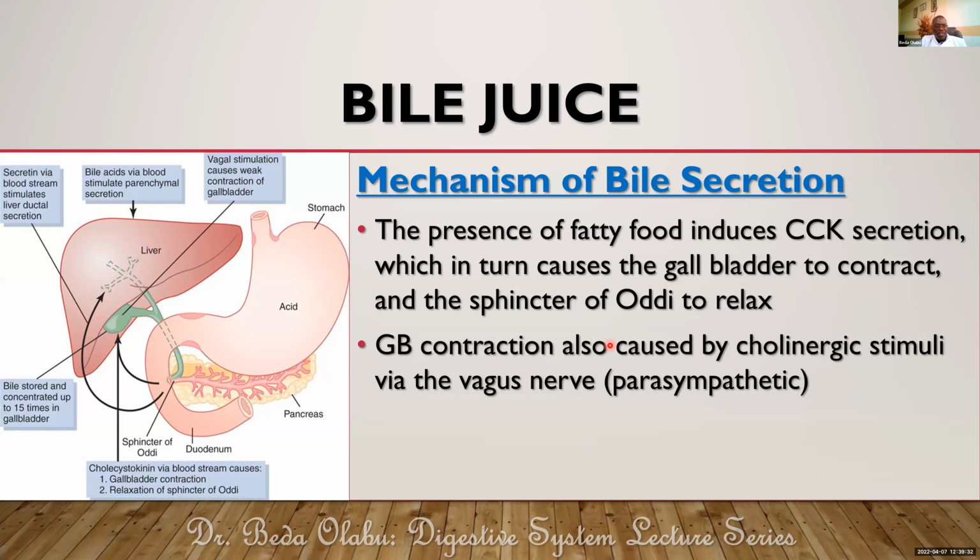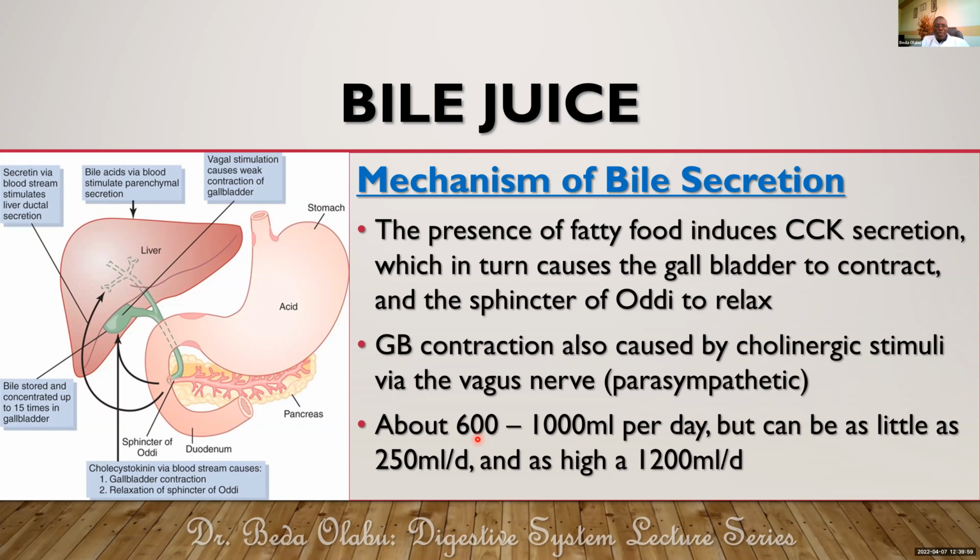Gallbladder contraction is also stimulated by cholinergic stimulation, which comes from either the vagus nerve, parasympathetic, or the enteric nervous system, the ones that release acetylcholine as a neurotransmitter. So it's a cholinergic response either from the vagus nerve directly or from the enteric nerve terminals.